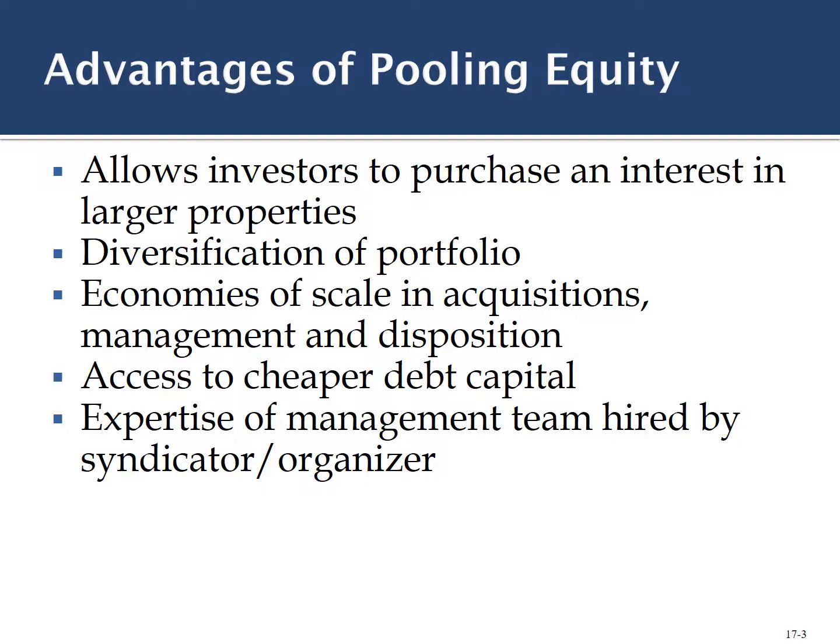So you pool equity. You may need $1 million to purchase a building. You only have a couple hundred thousand, but you know a few friends that also have a couple hundred thousand, and between you and your friends, you could raise the amount of equity that's needed. So one of the major advantages of pooling equity is it allows investors to purchase an interest in larger properties.